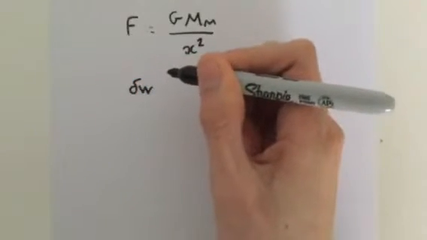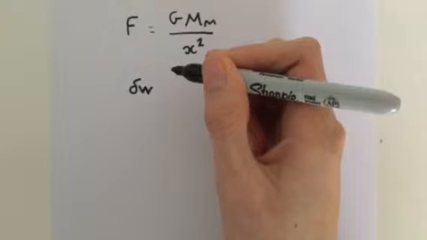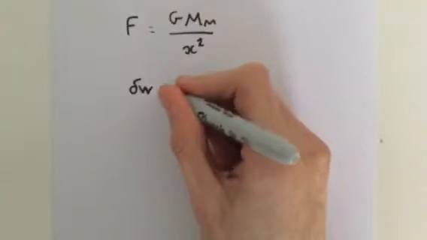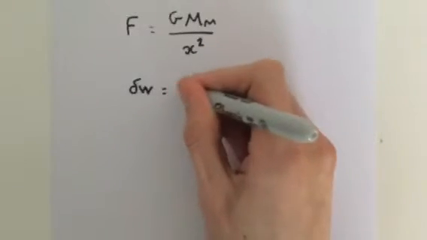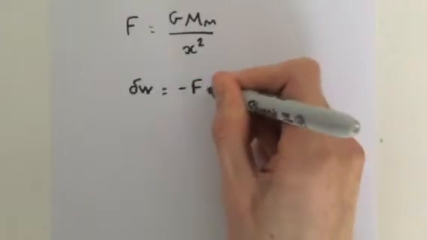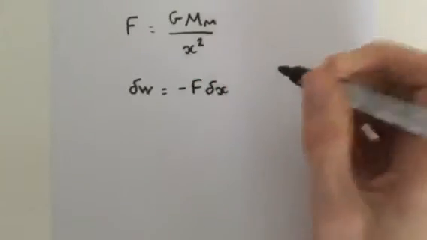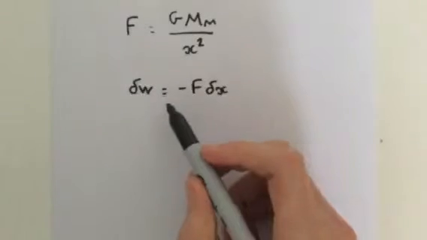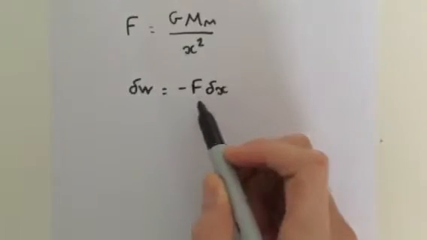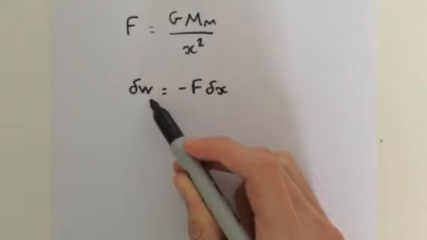Therefore, the infinitesimal work done by gravity when the body moves a further short distance delta x is minus F delta x. This is the same as saying work equals force times distance, but this is an infinitesimal work done.